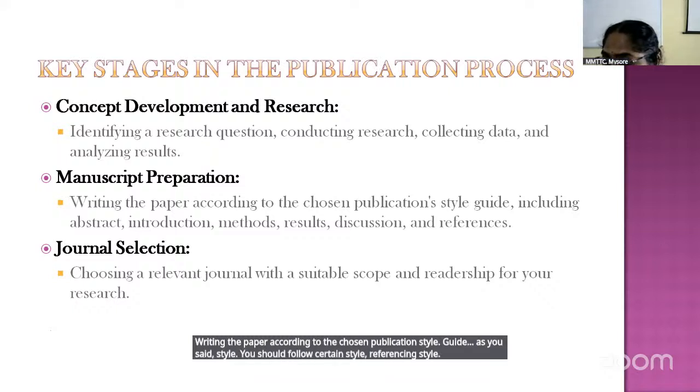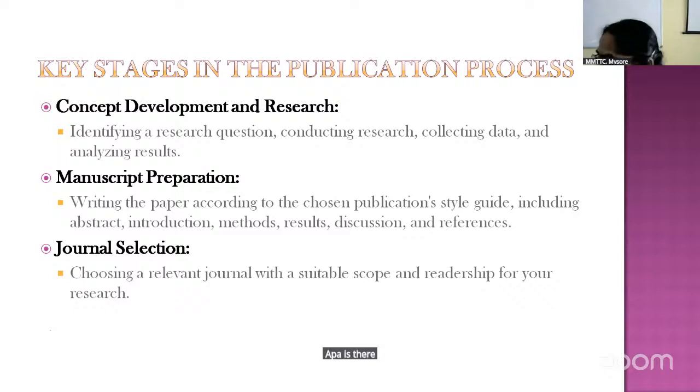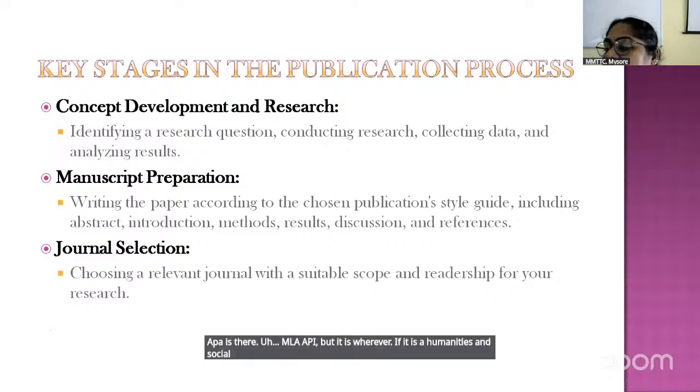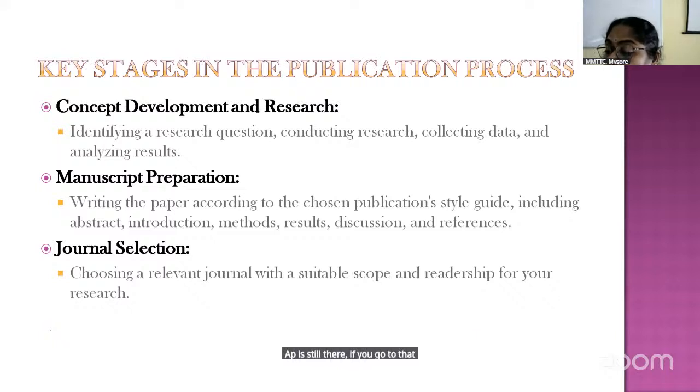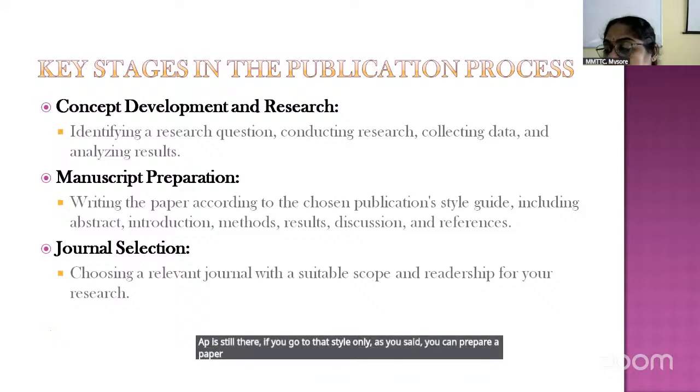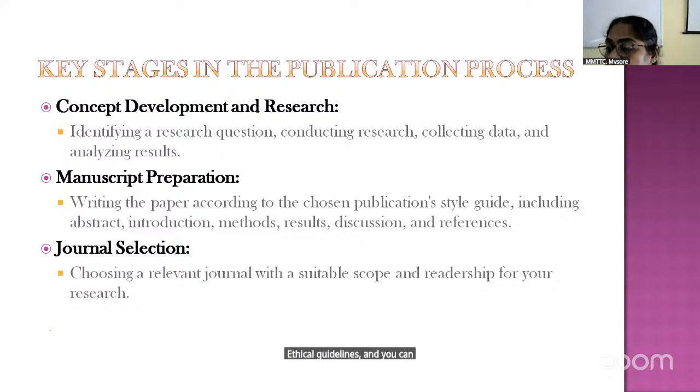APA is there, MLA, but if it is humanities and social science, we should go for APA only. If you go with that style, you can prepare a paper as per the ethical guidelines and you can publish in the journal.